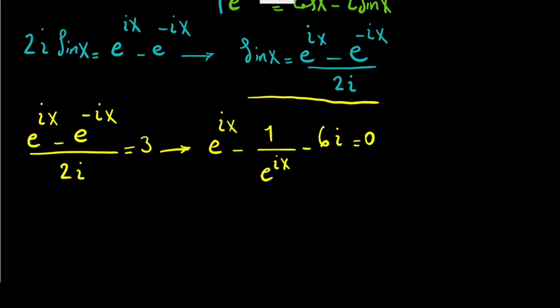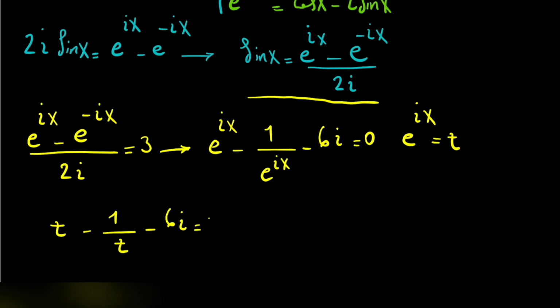Of course that is. So it means we can use a substitution. e to the power of ix equals t. So if you want to find the solutions, you can write it as t minus 1 divided by t minus 6i equals 0.